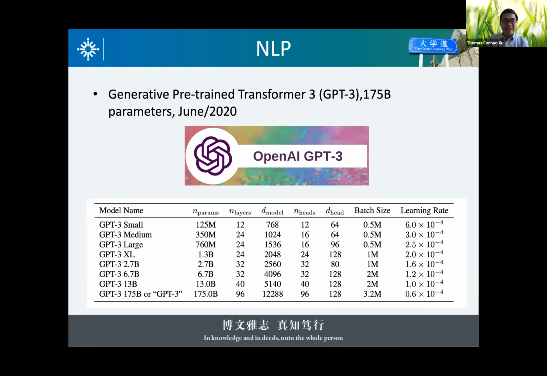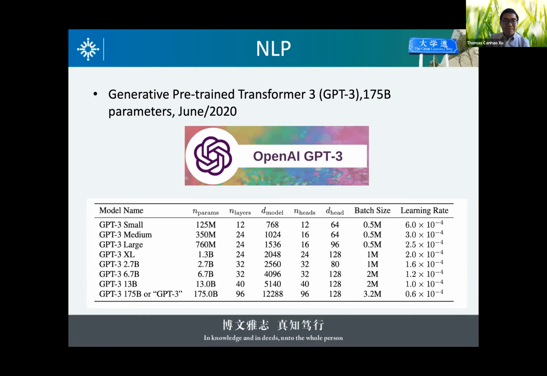Basically it can talk with you, much smarter than, for example, 小爱同学. But this kind of system is very complicated, and it's trained with 175 billion parameters. A super huge system.